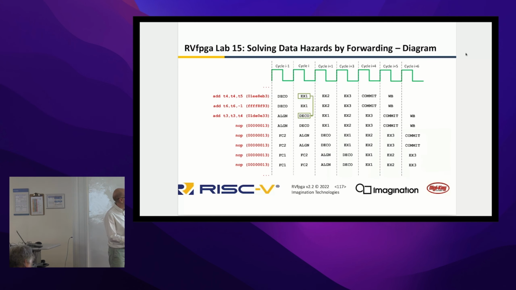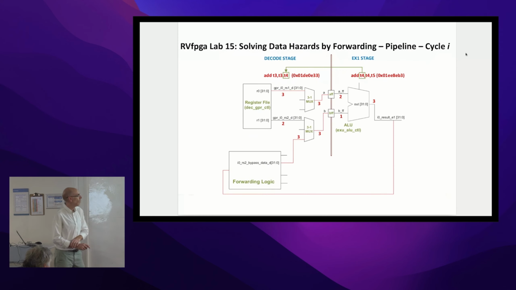This is another way of showing this. This figure shows again that we are forwarding the result obtained by this instruction at the X1 stage to the decode stage of this instruction, and we have this figure showing what happens inside the processor.